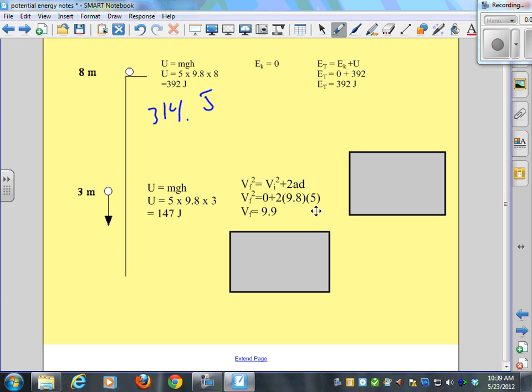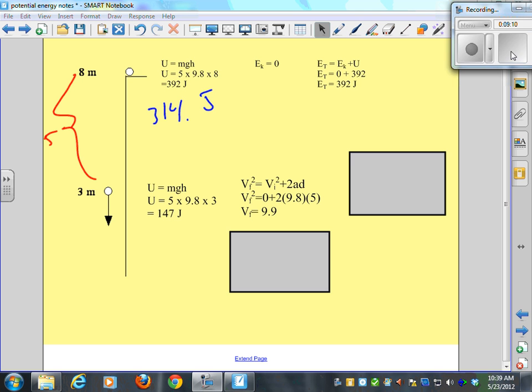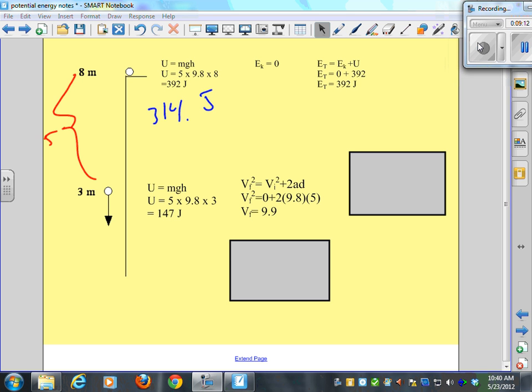Yeah, because the 3 is the height. How far has it been accelerating? That distance there is 5, right? So I used 5 because it's fallen 5 meters. I determined that it's traveling at 9.9 meters per second.